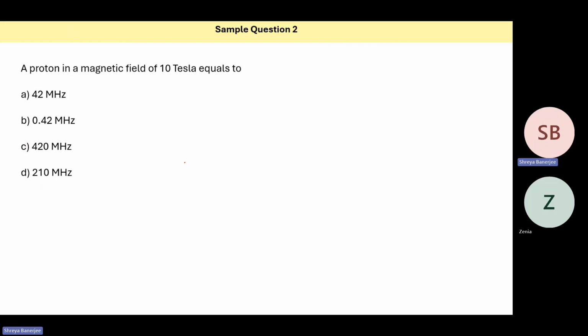The next question is asking, a proton in a magnetic field of 10 Tesla equals to how many megahertz?